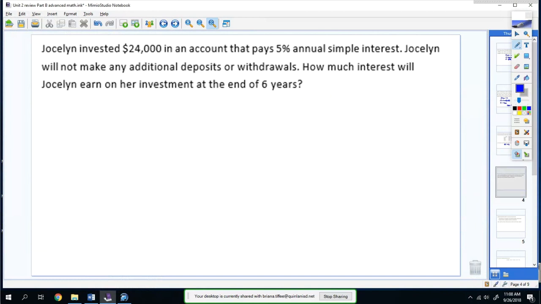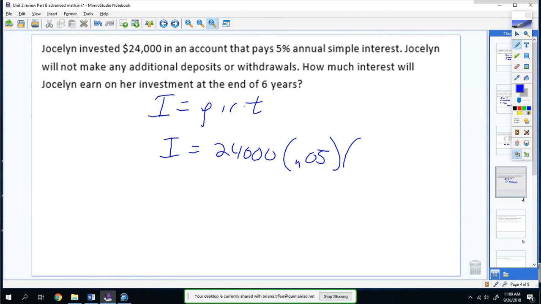All right, Jocelyn invested $24,000 in an account that pays 5% annual simple interest. Jocelyn will not make any additional deposits or withdrawals. How much interest will Jocelyn earn on her investment at the end of 6 years? So it's simple interest. So I is equal to P times R times T. So this is 24,000 times 0.05 times 6.